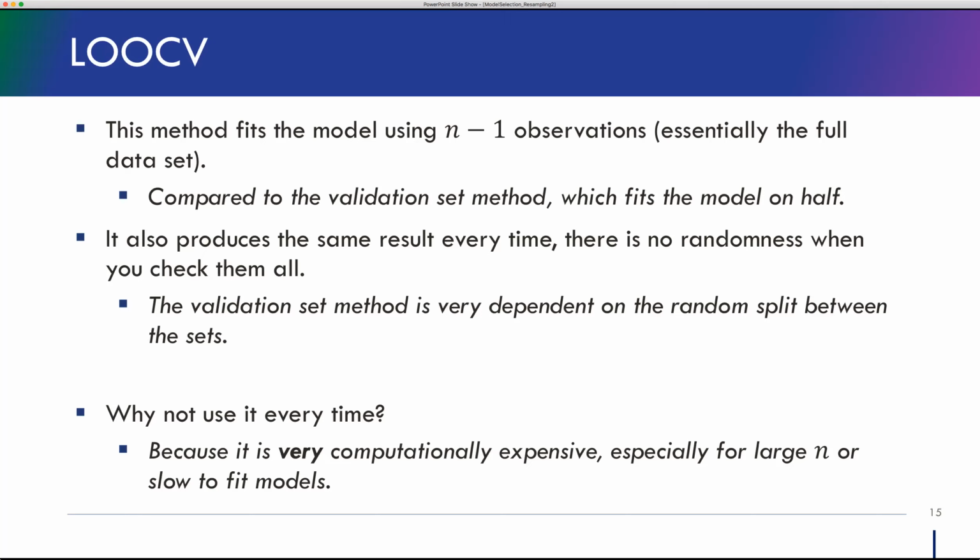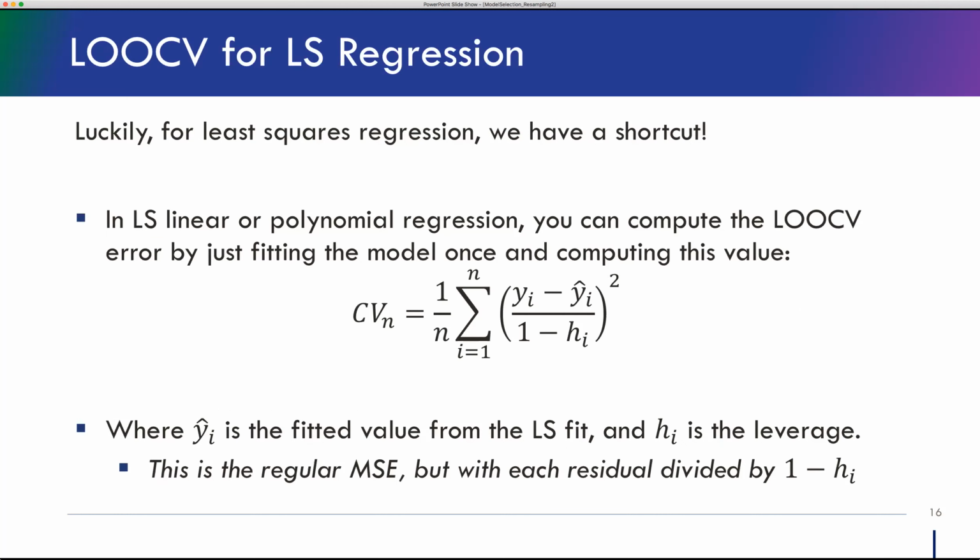So it's basically a trade-off between leave one out cross-validation and the validation set method, which basically splits your data into training and validation sets. So this is a comparison between these two.